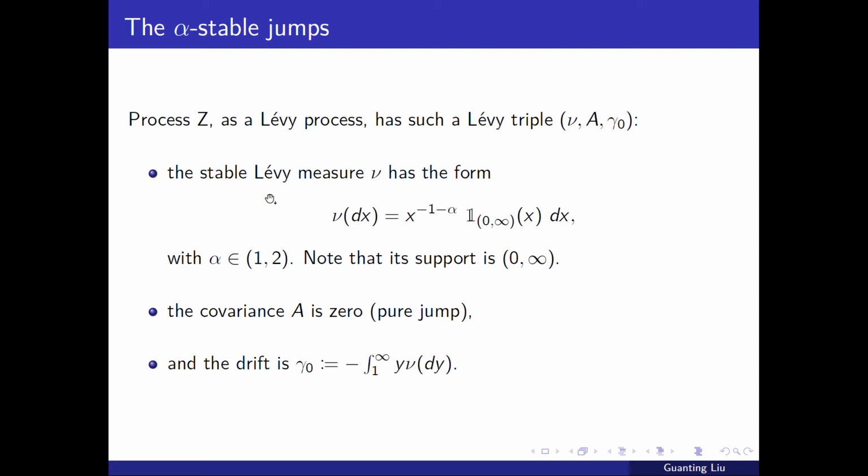First of all, we have a very specific exact form for the Levy measure nu here, with power minus 1 minus alpha, supported from 0 to infinity, with alpha in 1 to 2, and the covariance matrix A is 0, meaning that we only consider a pure jump process. The drift is a compensating drift, meaning the whole process is a martingale.